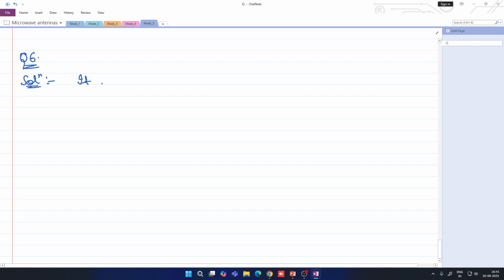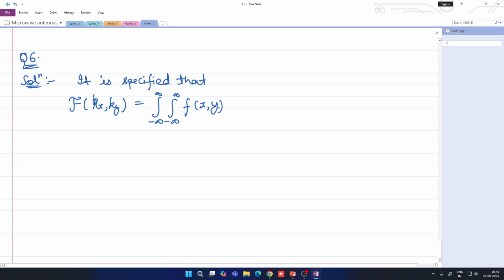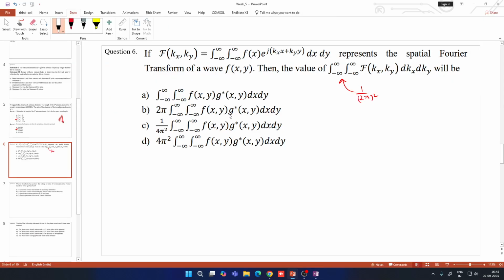It is specified that this function f of kx ky, from minus infinity to infinity, is a Fourier transform of this function f of x and y.